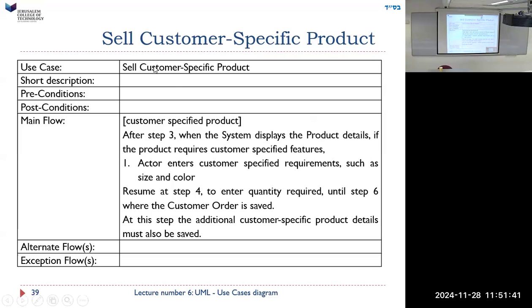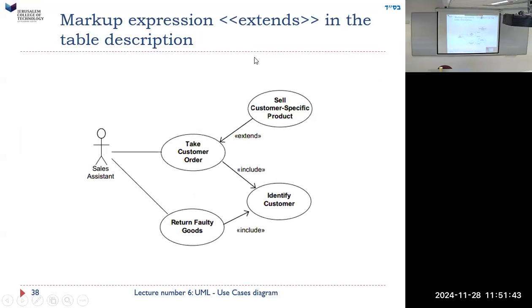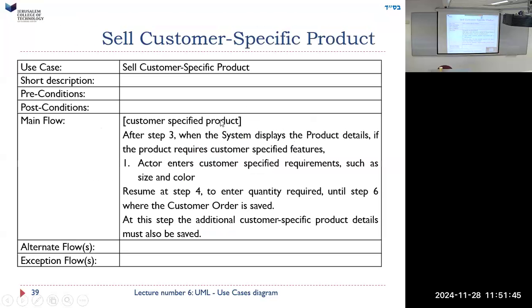Sell customer specific product. So here we have an extended version, and we have a main customer specified product. I don't know why we write it twice. Sell customer specified product.